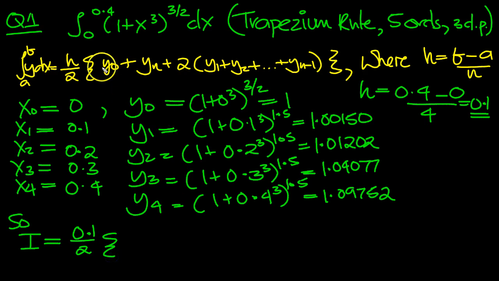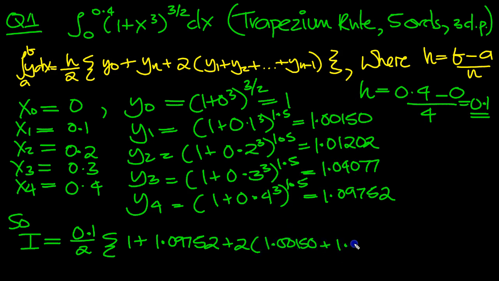Open bracket, y0, which is 1, plus y, the last one, y4, 1.09752, plus 2 times, and the middle 3, isn't it? So I'm just writing these down. 1.04077 is the last of the 3. Close that bracket and then close the brace.